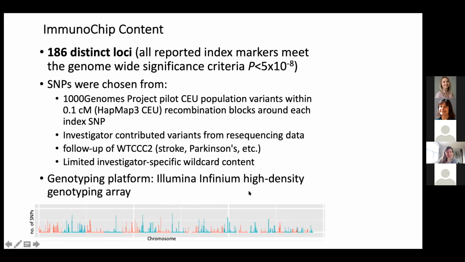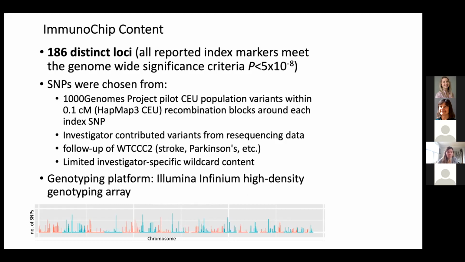The array consists of approximately 200,000 SNPs, and as I said before, in the GWAS and the genome-wide association array, you scan the genome, all of the genome, but it's sparse compared to the ImmunoChip when you go into a region. And now we suddenly have in 100,000 kb region, approximately 100,000 SNPs.